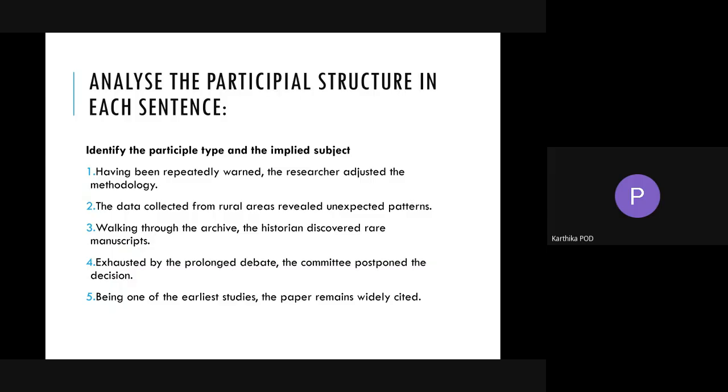So, when in doubt, you try to ask about the doer of the action. But that doesn't mean that's the standard definition or the only way of finding a subject. Subject is much more than doer. Okay.